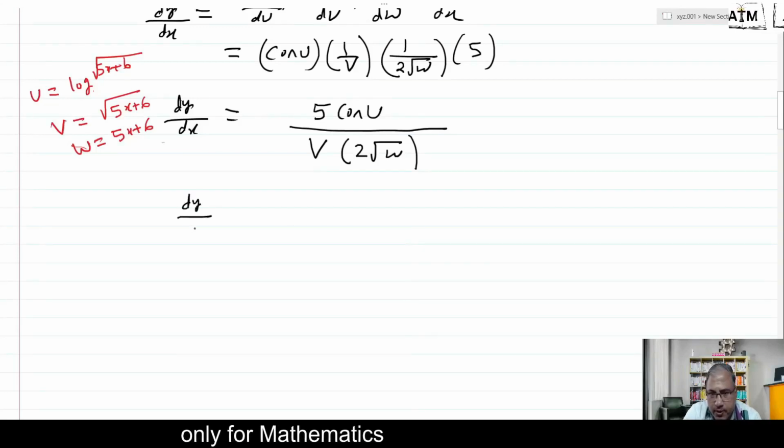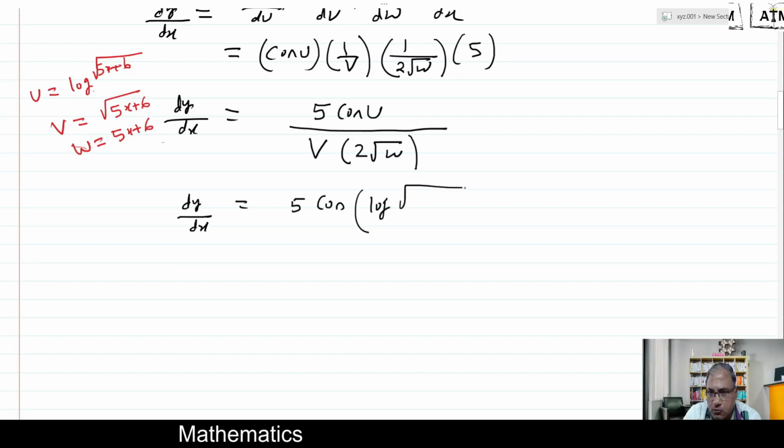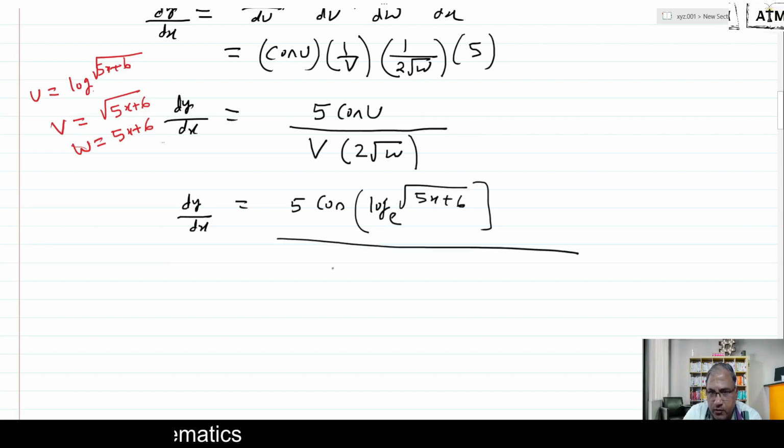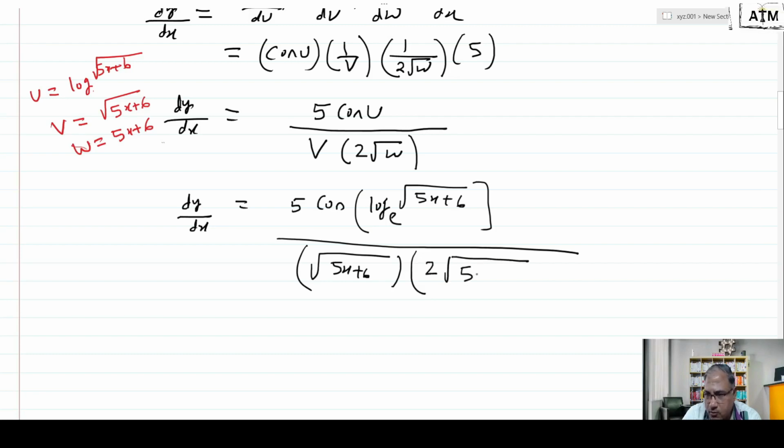Therefore dy by dx equals 5 cos of log under root of 5x plus 6 to the base e, upon v. What is v? v is root of 5x plus 6, and 2 root w, that is nothing but 5x plus 6.